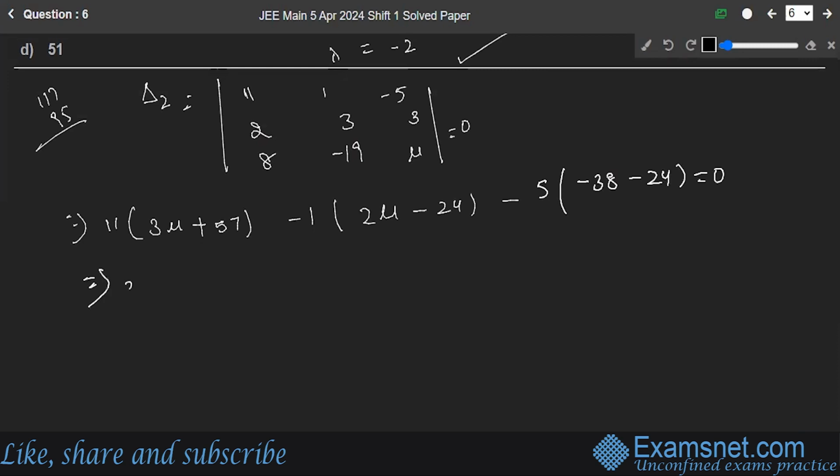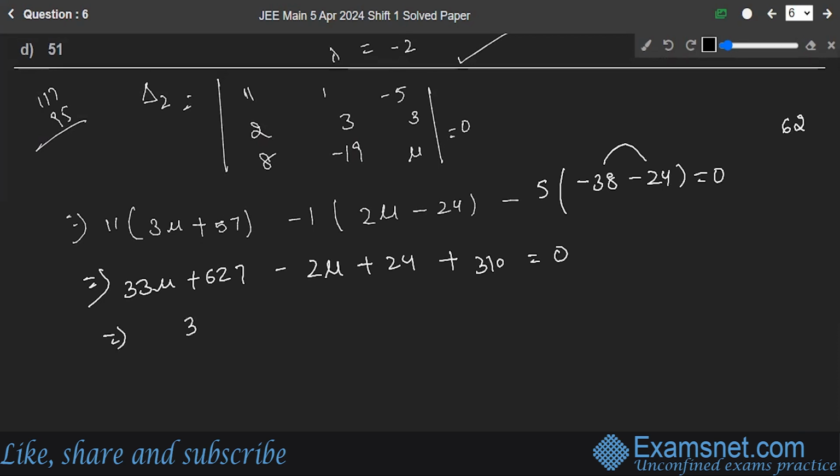This gives me 33 mu plus 627 minus 2 mu plus 24, plus this. Okay, let's solve this first. This is 62 into 5, which gives me 310. Okay, this is equal to 0.